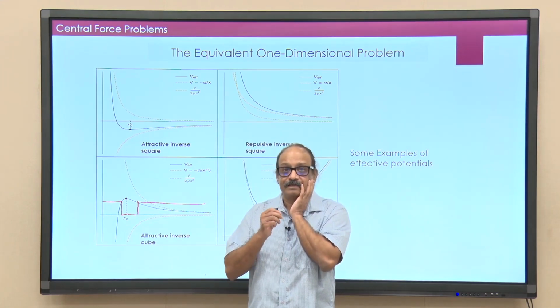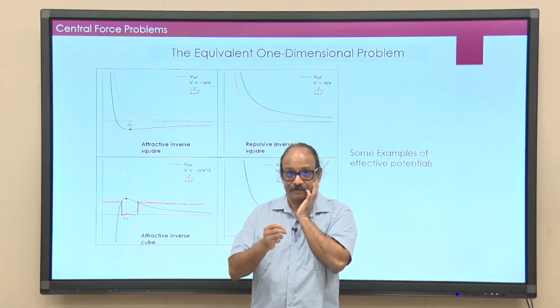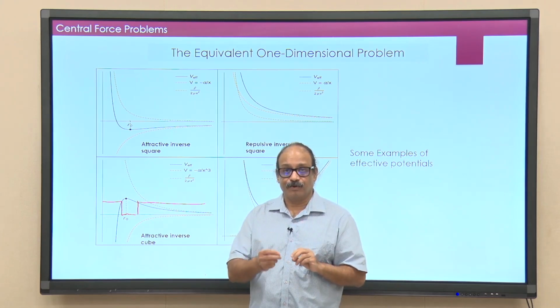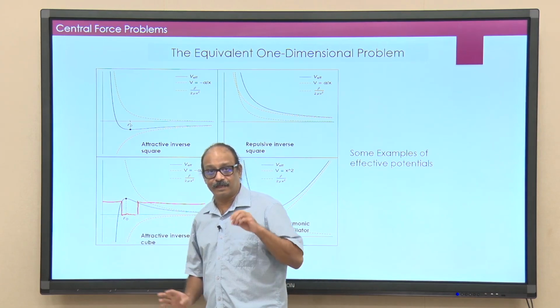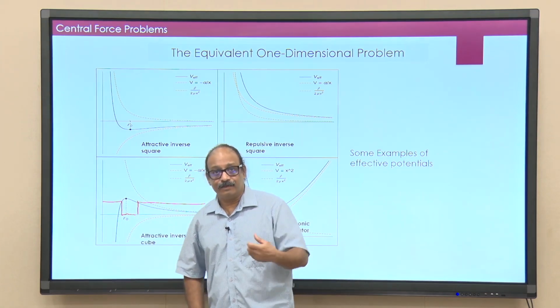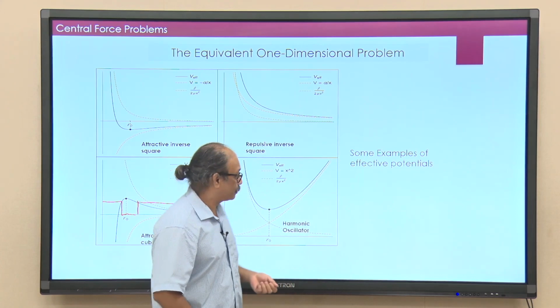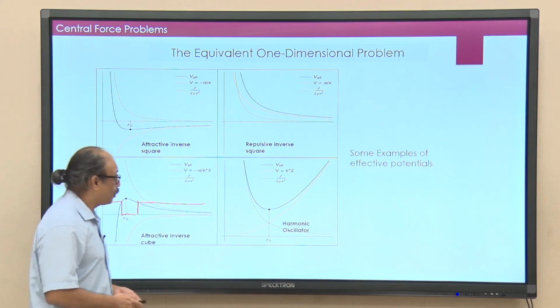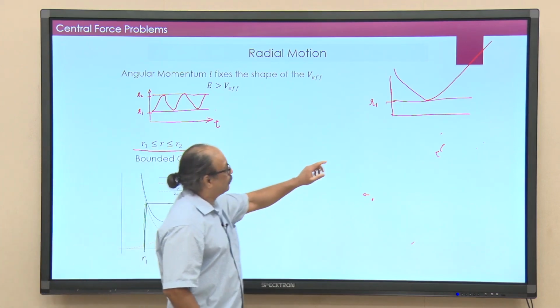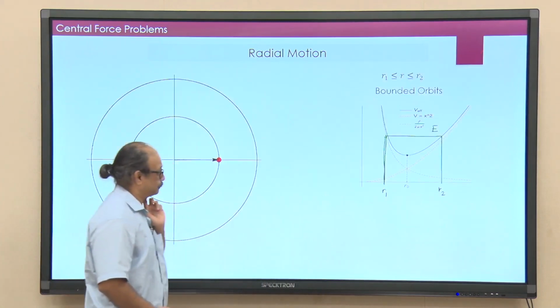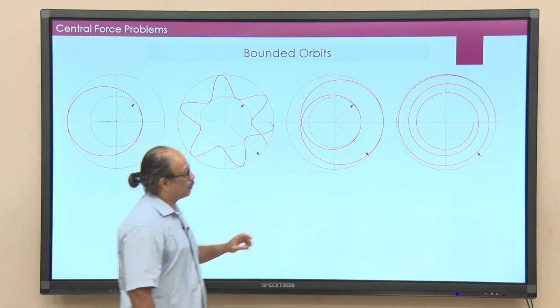So, if you start motion from here, what would happen? The particle starts spiraling inwards, okay? And remember there is no inside turning point, so it goes towards the center of the force and eventually crashes into the center of the force, and that is when you get an orbit like this.